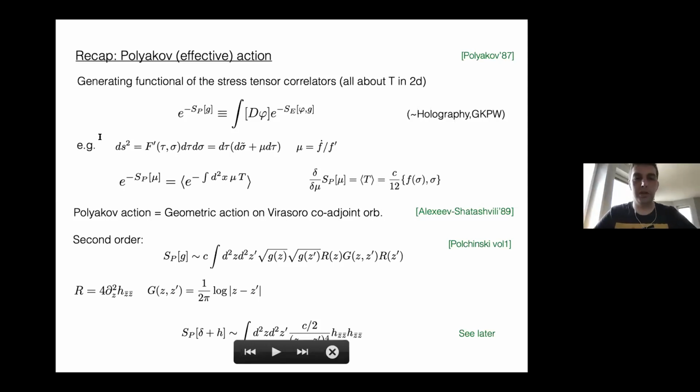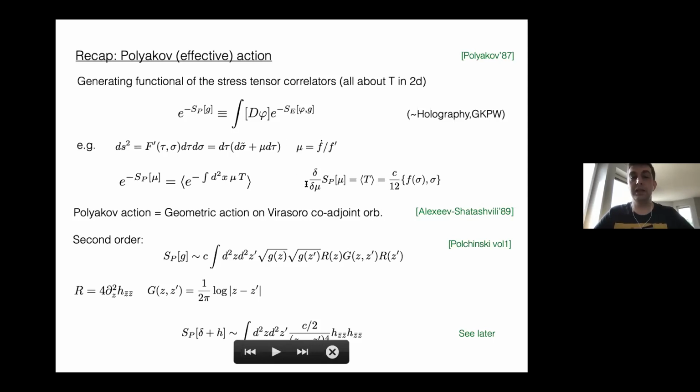So in particular, the two important facts about the Polyakov action I will need are these. If you take a particular ansatz for the metric, the Polyakov action, of course, is invariant under diffeomorphisms, so we don't need to choose a particular metric, as in a gravity action. But if you decide to choose this particular gauge, then, as was noticed by Alekseev and Shatashvili, this Polyakov action exactly gives the so-called geometric action for the Virasoro coadjoint orbits, if mu is equal to f dot over f prime.